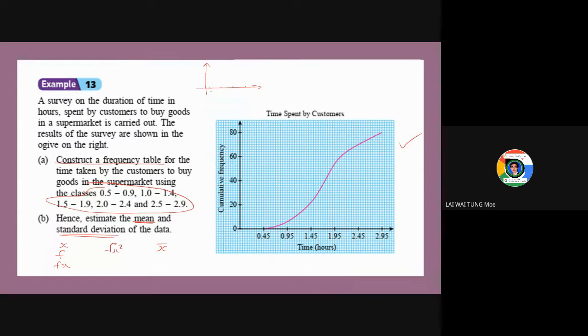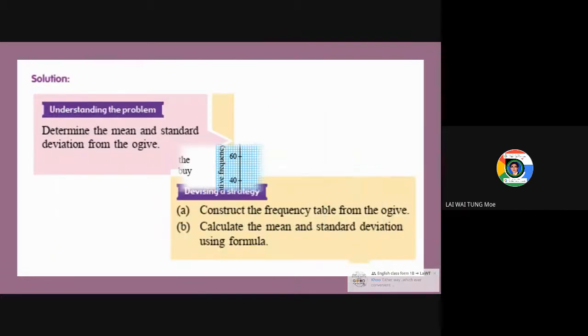We normally use the upper boundary from the class interval. So you need to know that 0.45 until 2.95 is actually your upper boundary for each class interval.